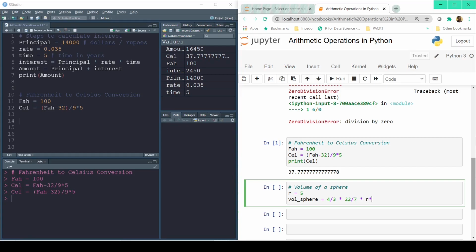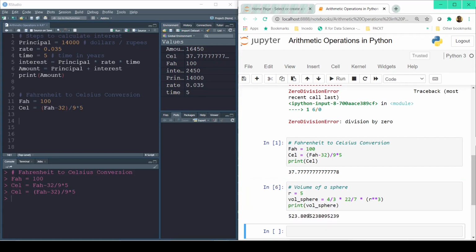So r cube is going to be like this. It's ideal to put this in the bracket. Now let's try to see what is the volume of the sphere. Print vol sphere. And it is 523.809.